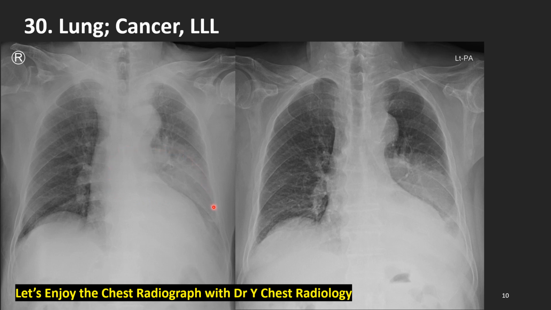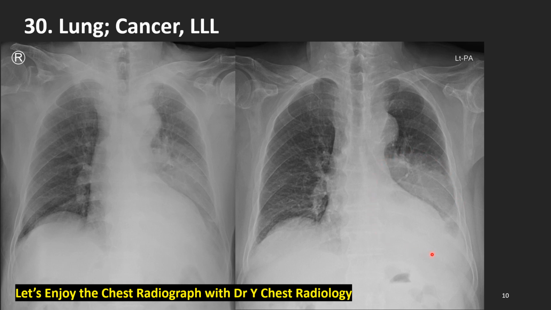What do we see? Although the film quality is poor, we see something large, of homogeneous density here, not obscuring the heart border. That means this lesion is very dense, very homogeneous, and in a retrocardiac location, not anterior. What's the difference with this PA erect image?